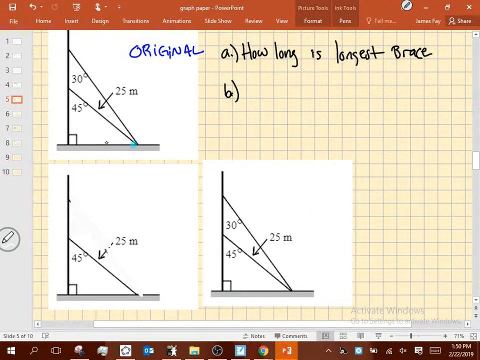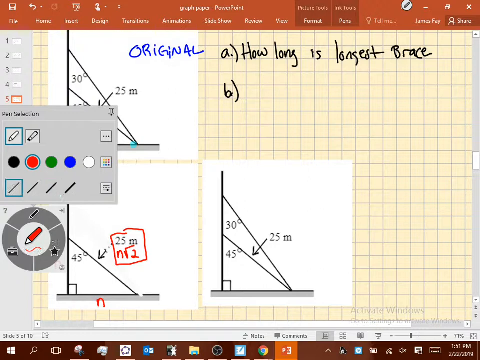Now, if I take my template of a 45, 45, 90 triangle and lay it on top of this one that has just the n's and n radical 2, won't this side be n, and this side be n radical 2? Does it make sense that that side, if I put my template on top of it, that's my equation? 25 equals n radical 2.